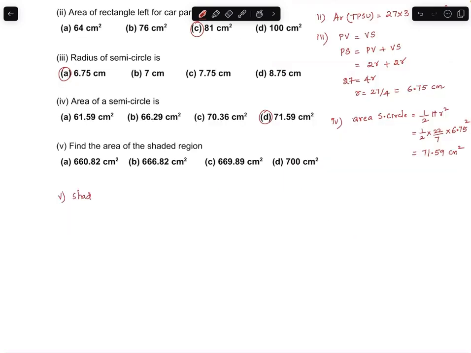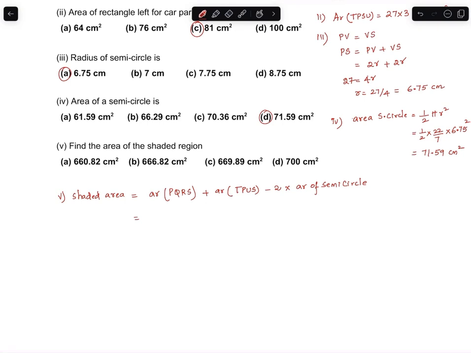Shaded area is equal to area of PQRS plus area of the parking space TPUS minus twice the area of semicircle.